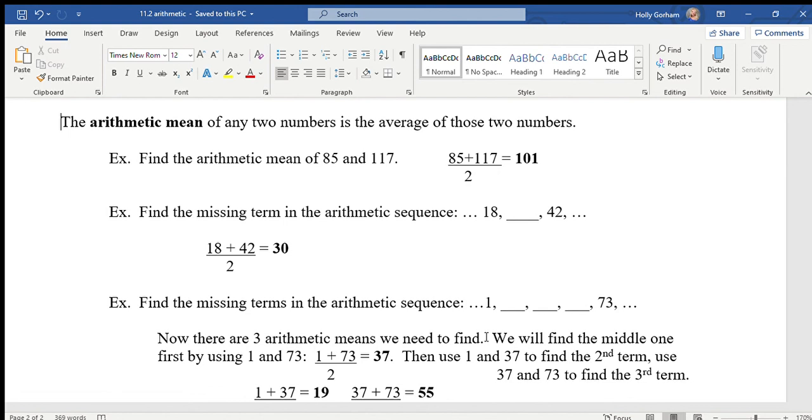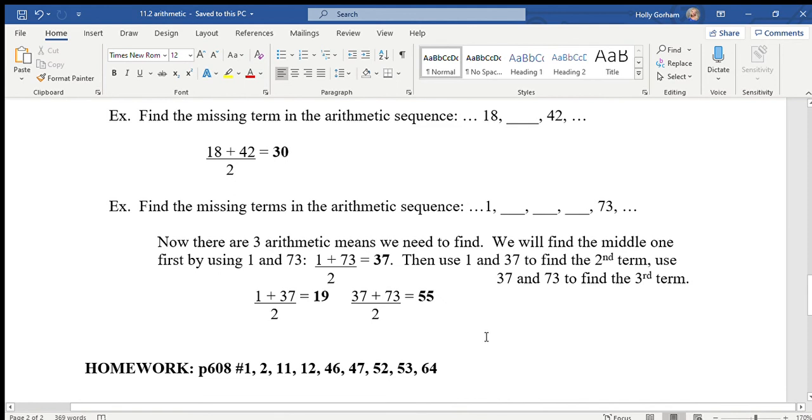Then, so if 37 is in the middle, now you can do 1 plus 37 divided by 2, and that would be 19. Then 37 plus 73 and divide by 2, and that would be 55. So going back to the question, the original sequence here, you'd have 1, 19, 37, 55, 73. And that's how you would get the missing numbers between 1 and 73.